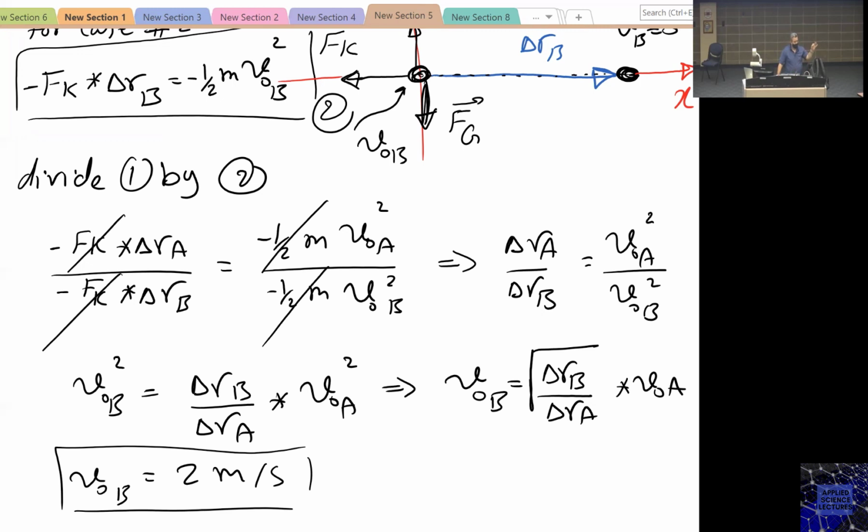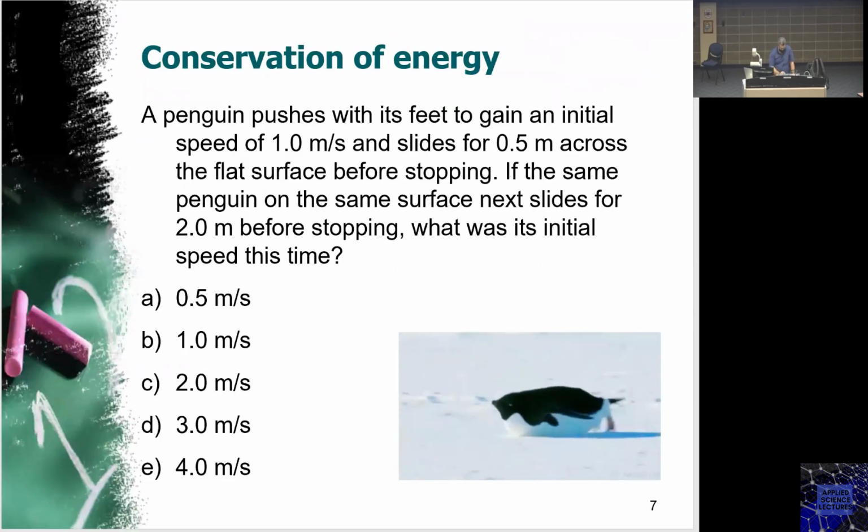Again, for the same mass, for the same surface, for the same friction, if you double the initial speed, the displacement will be 4 times. Is this clear? Any question about this example? Questions? No questions? Okay, so let's move on to the next one.